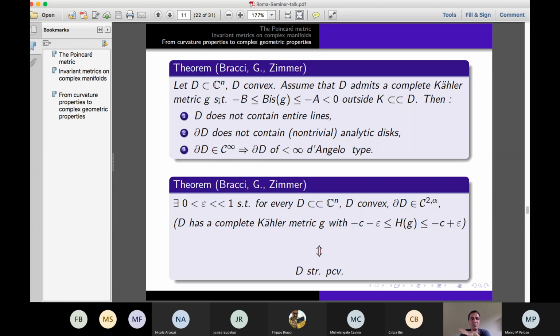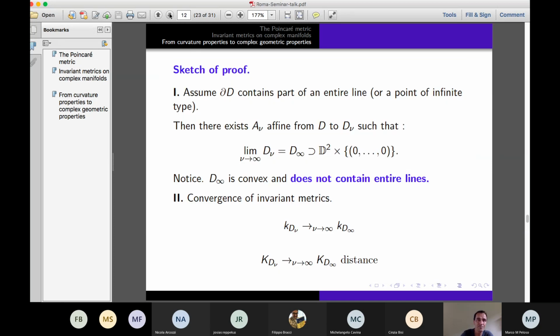So I will try just to give a sketch of the proof, because it's almost the end. I will give a sketch of the proof of the first theorem. We deal with a convex domain in Cn, and we assume that it admits a complete Kähler metric having holomorphic bisectional curvature negatively pinched outside some compact set.